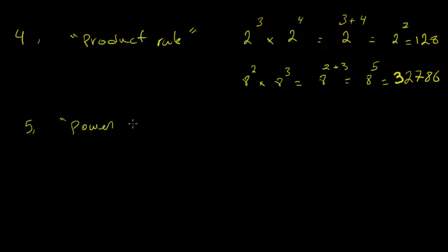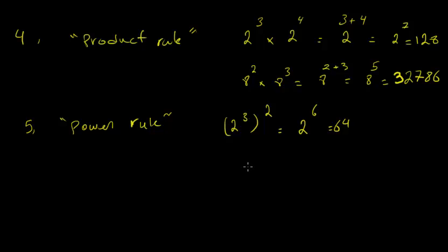Next is the power rule. The power rule says to raise a power to a power, you just need to multiply the exponents. Let's say you have 2 raised to the third power and it is raised to the second power. You can multiply 3 by 2 and have 2 to the sixth power, which is 64.